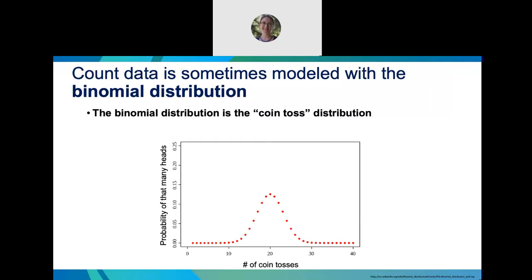So for example, in this graph, if you toss a coin 40 times, your probability of getting heads is about half of the time. But not all count data can be fit with the binomial distribution because this distribution is really only useful in situations where there's a relatively small number of data points. Obviously, we have thousands and thousands more than 40 data points.